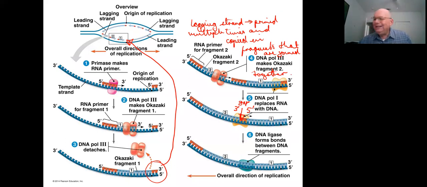So the lagging strand copying is a little bit more complicated than the leading strand copying, only because of the anti-parallel nature of the two DNA strands. That's what leads to this.